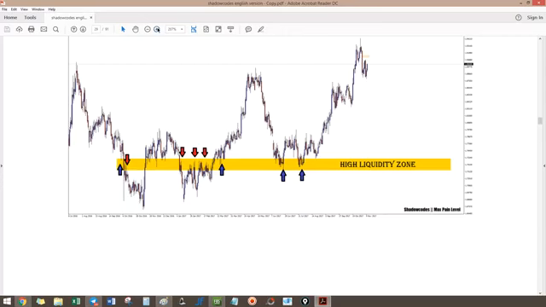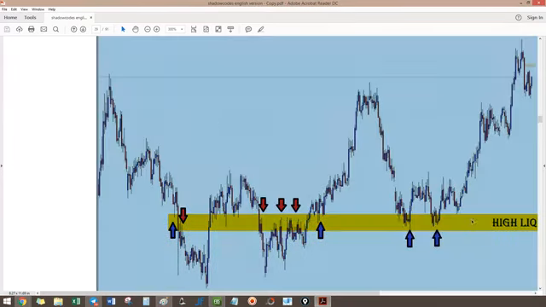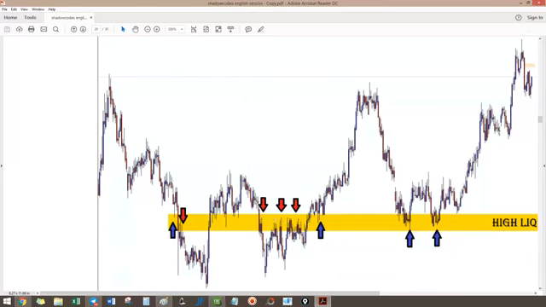So we know in the SNR homework, our line chart is the SNR level. In the SNR trade, we know our line chart is a place where there is a lot of liquidity, a lot of potential to trade.